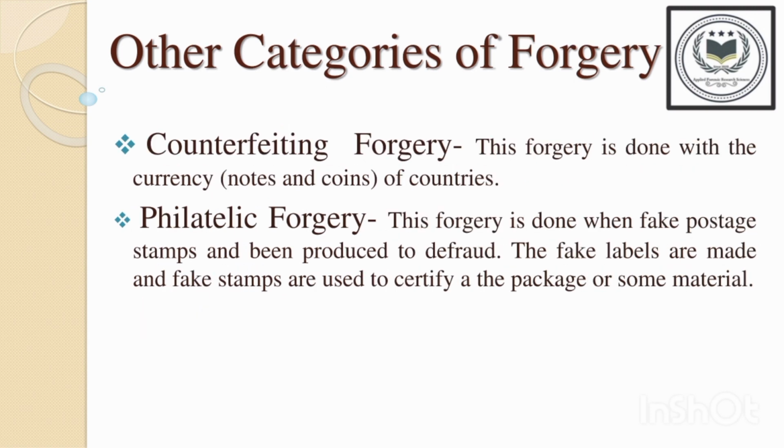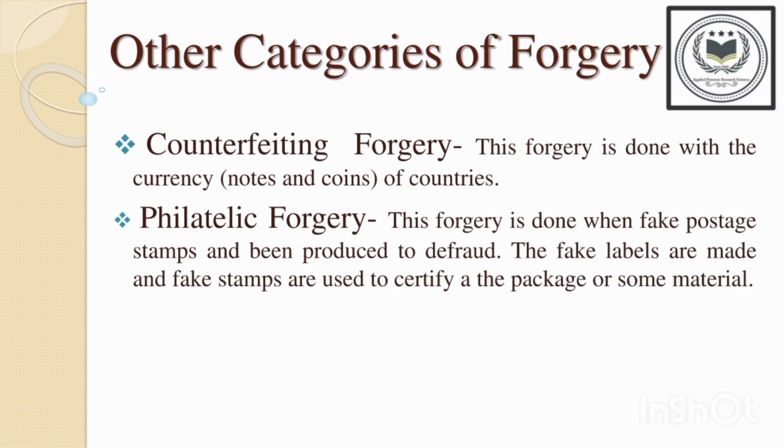The next is counterfeiting forgery. In this type of forgery, people make fake notes and coins. Usually they try to make fake notes or fake coins and supply them in the market. It is done with currency within the country or outside the country.